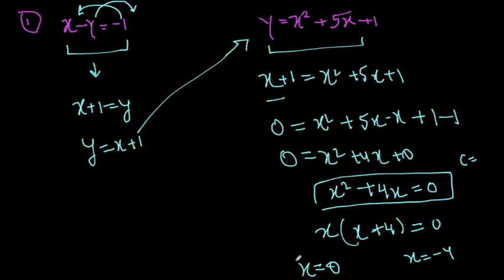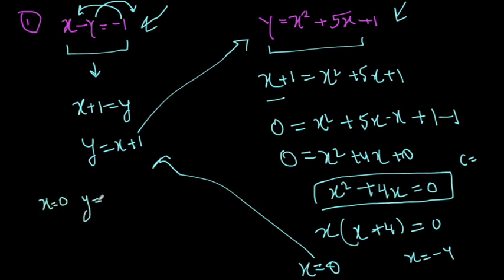So if x is equal to 0, you can put x is equal to 0 in any of these equations, but it's better to put it here because you have already simplified. So if x is equal to 0, your y will be 1, and if your x is equal to minus 4, your y will be minus 3.